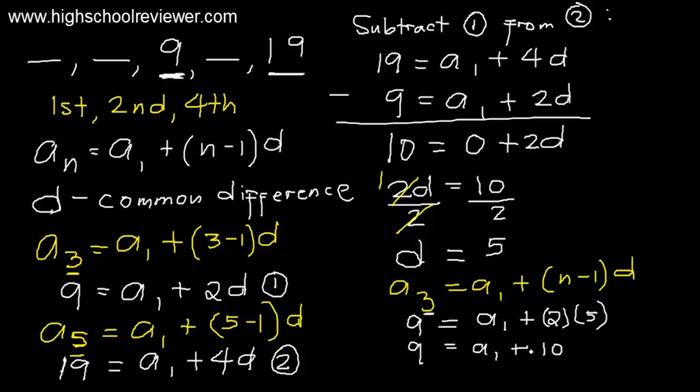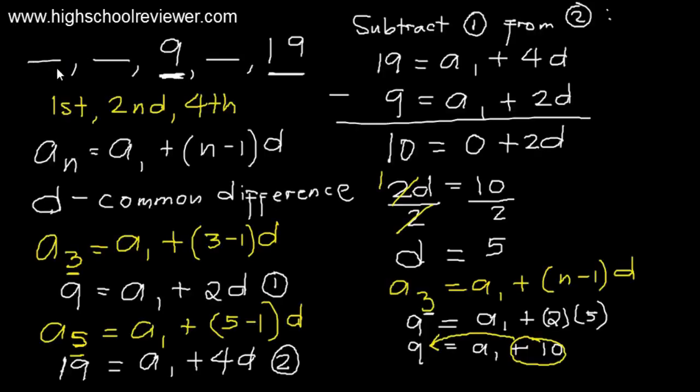So we can transpose positive 10 to the other side, so that what will be left is a sub 1. Transposing, we will have 9, and if we transpose positive 10, it will change its sign. From positive, it will become negative.